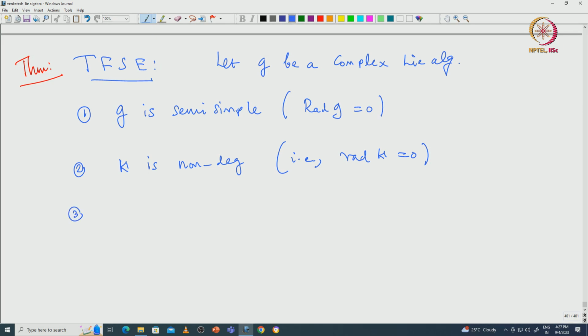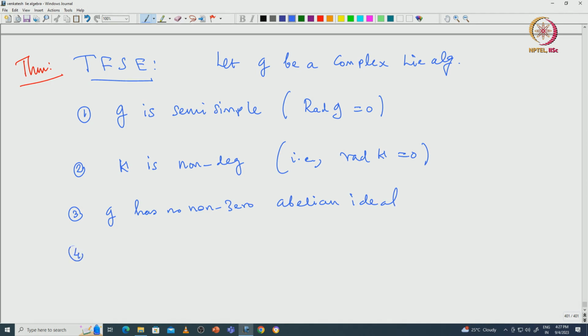The third condition is that G has no non-zero abelian ideal. This is more or less equivalent to the definition.